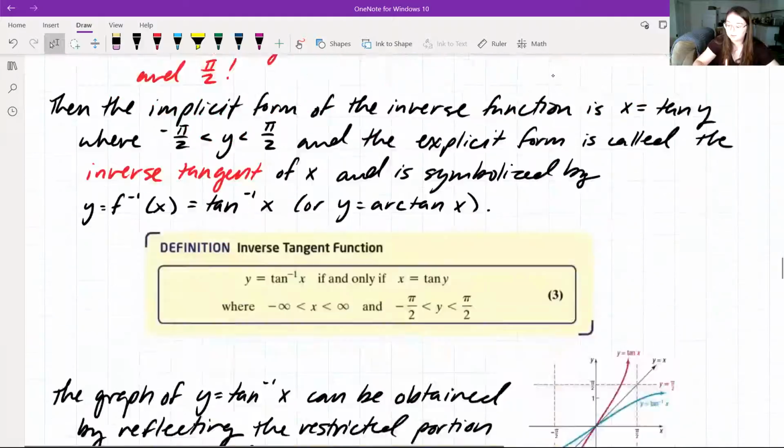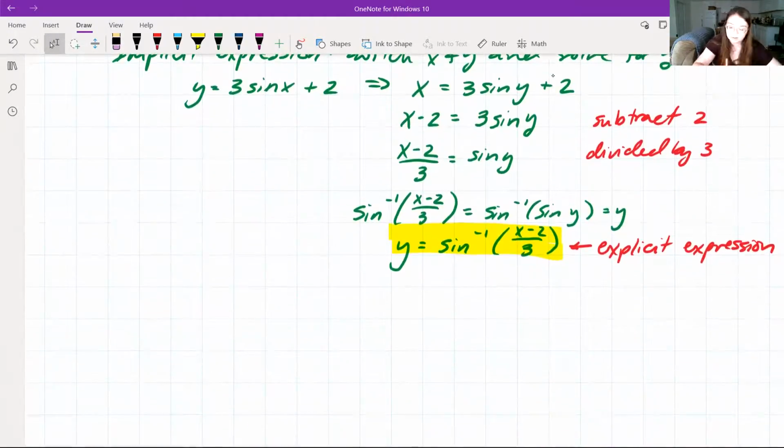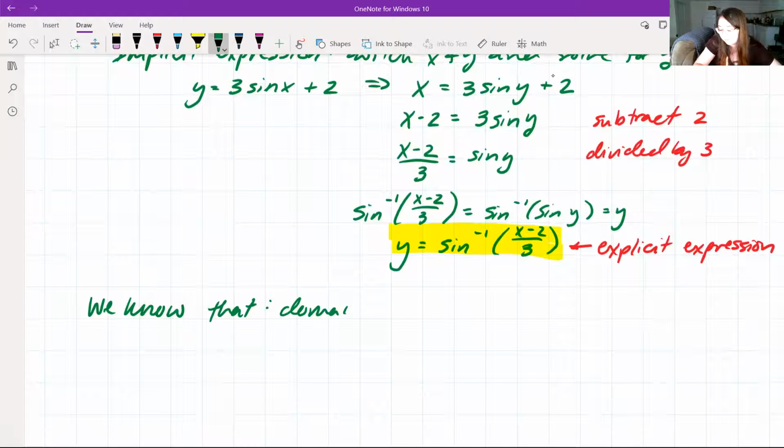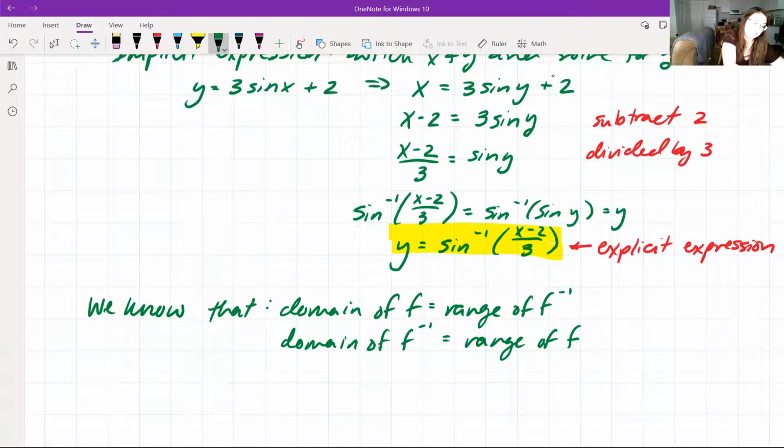So scrolling all the way back down here, we know that the domain of f is equal to the range of f inverse, and the domain of f inverse is equal to the range of f. What we already have here is our domain of f.